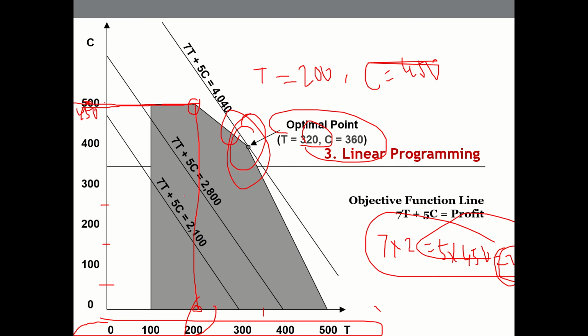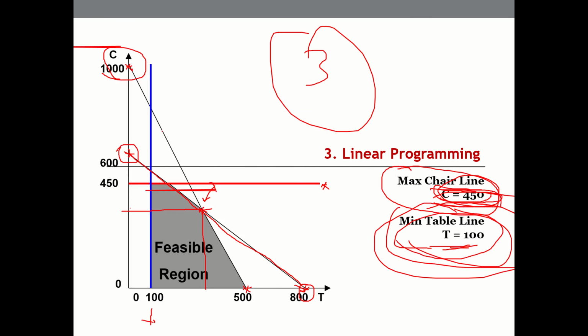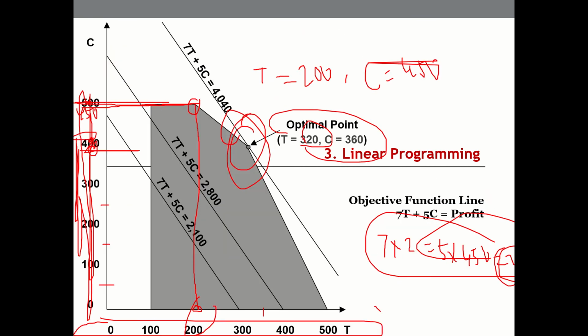Here the labeling is slightly off. This should have been the 450 line, because this is the same line. The labeling is wrong, but using this also we will be able to find it.